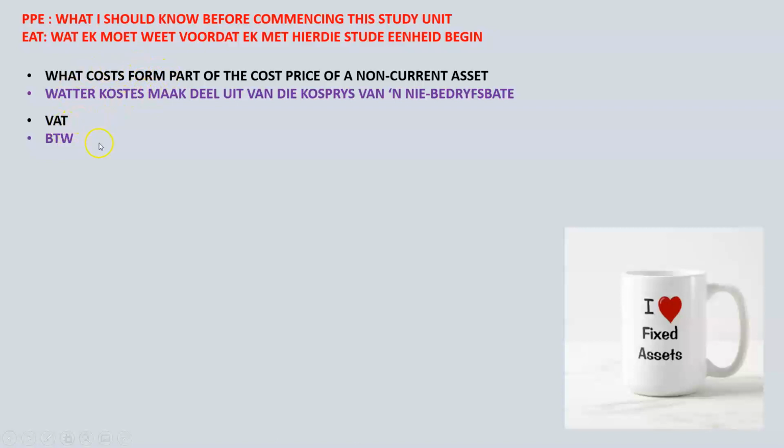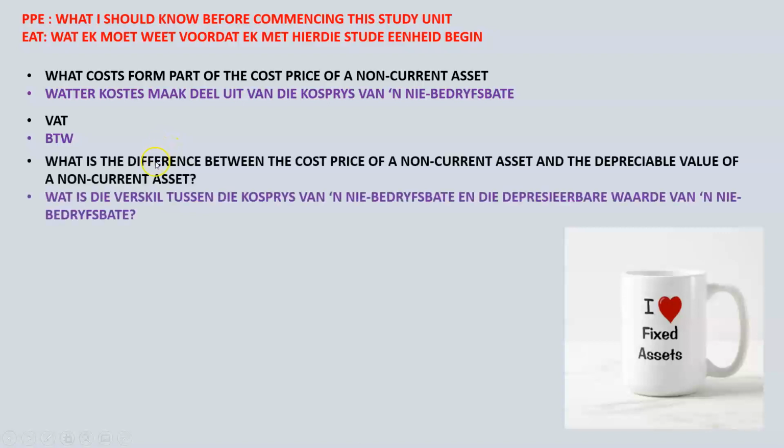But because I am not registered for VAT, I will not be able to claim the VAT. So in circumstances like that, the VAT will be capitalized as part of the cost price of the asset, only if I am a non-VAT vendor and I purchase from a VAT vendor.